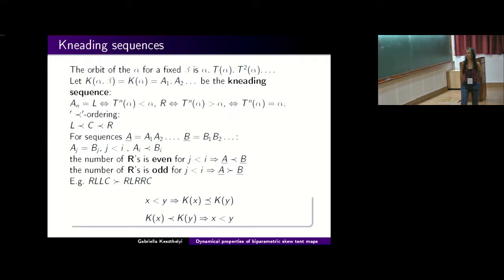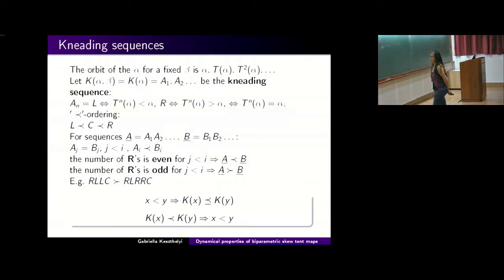It was very long to explain, but it's very easy. For example, take RLLC and RLRRC. They are the same in the first two letters, and then the third one is L and R, and since we had only one R before, it will reverse the order. L will be bigger than R, so RLLC is bigger than RLRRC.